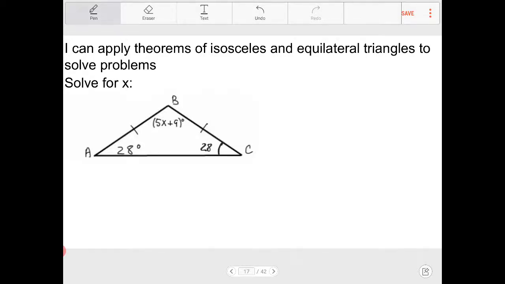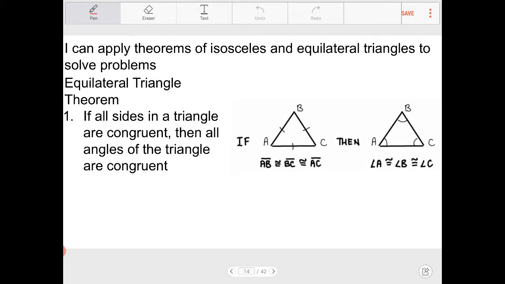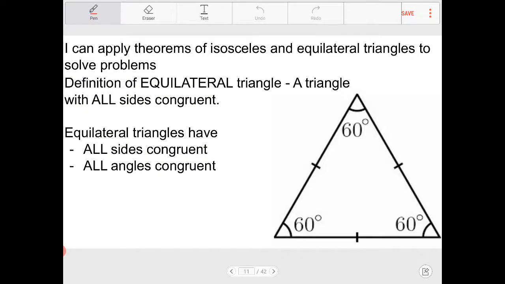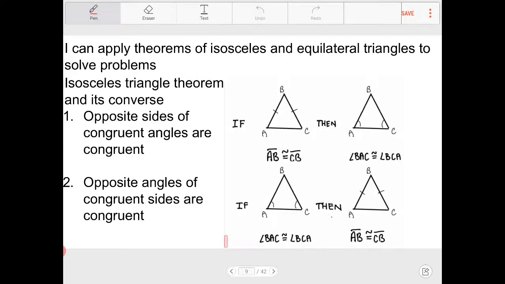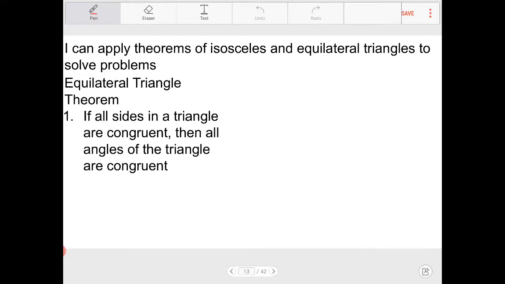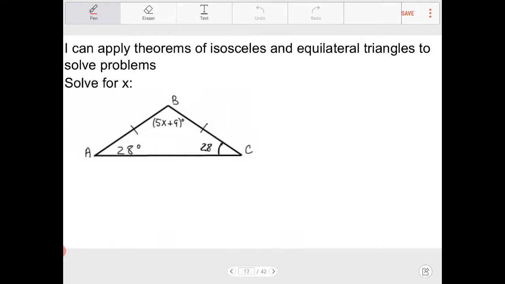We know this because opposite angles of congruent sides are congruent. Sorry, I get the wording and terminology a little mixed up. Sometimes it's hard to say.